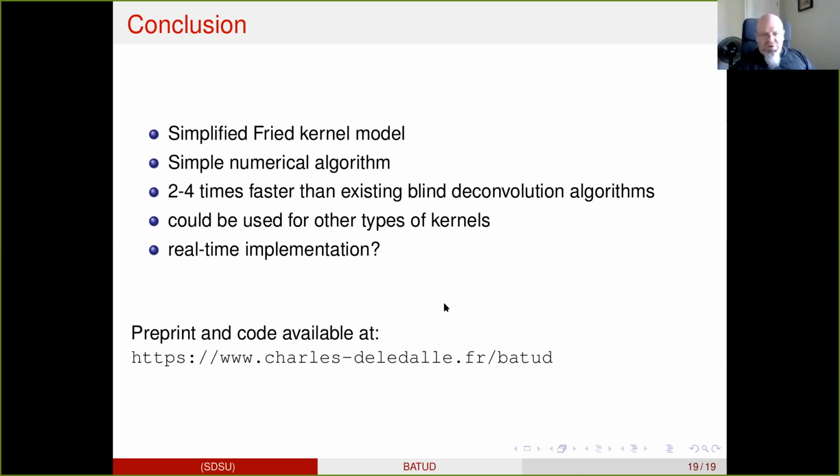The revisions were pretty straightforward, so we are hoping to get a final acceptance soon. The code is MATLAB code. It will be available on Charles' website as soon as the paper is accepted. But the preprint is already available there, so you can download it. That's it. So, any questions?